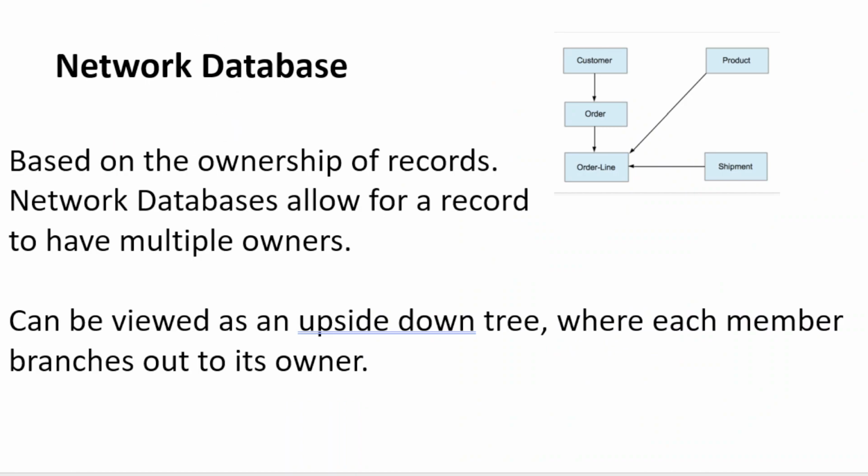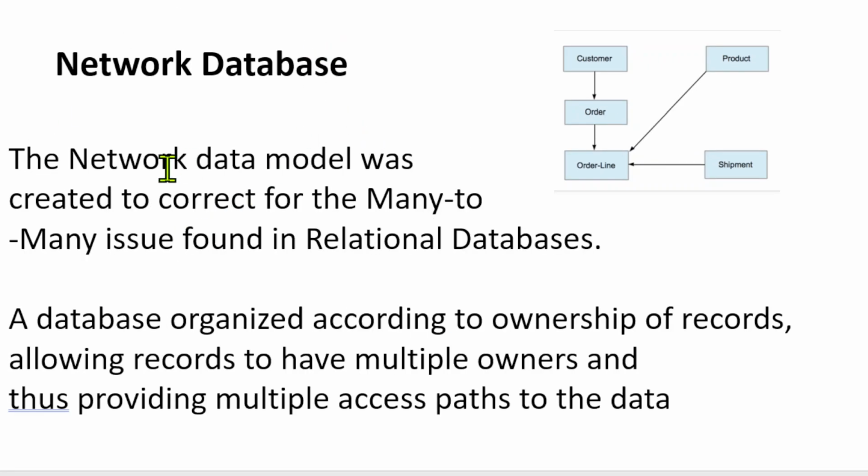And the next one we've got is a network database. Network databases are based on the ownership of records, and they allow for a record to have multiple owners. You can kind of view this as an upside down tree where each member branches to its own owner. The network data model was created to correct for the many-to-many issue found in relational databases.